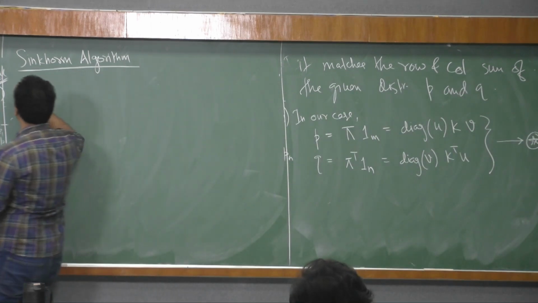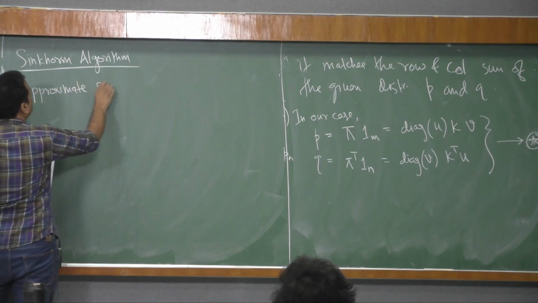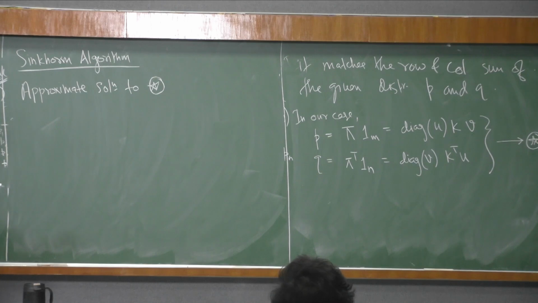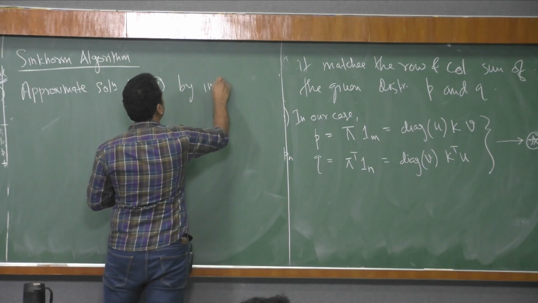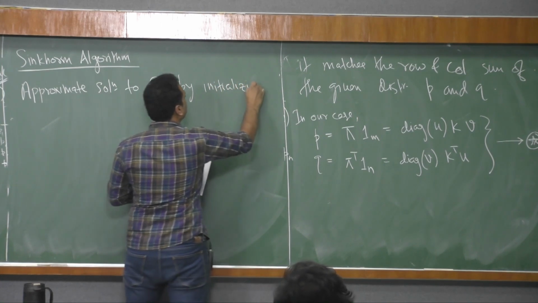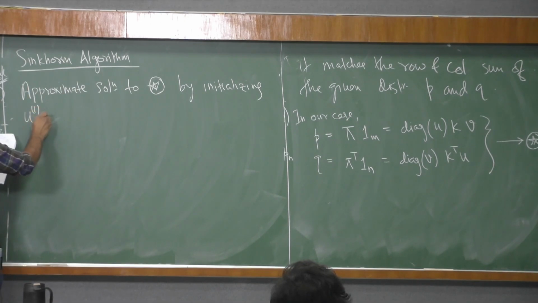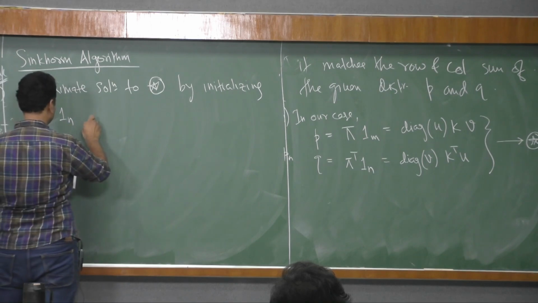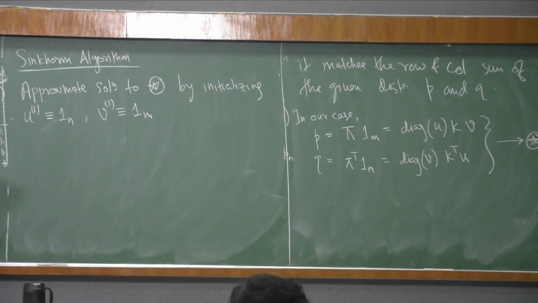So we approximate the solution to star by initializing: you start with u, which is 1n. Sometimes this is called defined, so u is defined like this, I put three horizontal lines, and v is set to be 1m.